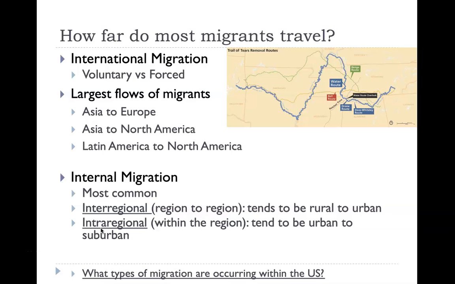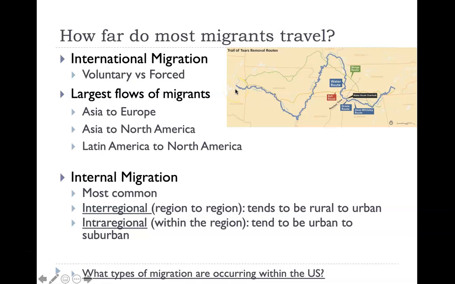They are forced to migrate, right? And we can talk about the indigenous movement of people off of the East Coast in the United States in the 1830s. The Trail of Tears, which you'll see here, indigenous nations like the Cherokee were relocated by force by our government to places like Oklahoma.